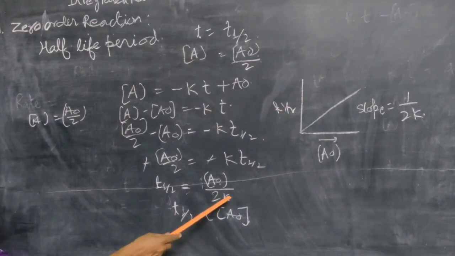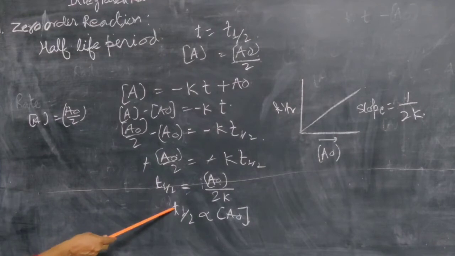Now K is constant, 2 is also constant. Then we can say the half-life period of a zero order reaction is directly proportional to the molar concentration of the reactant, or the concentration when the time is 0, that is A0.